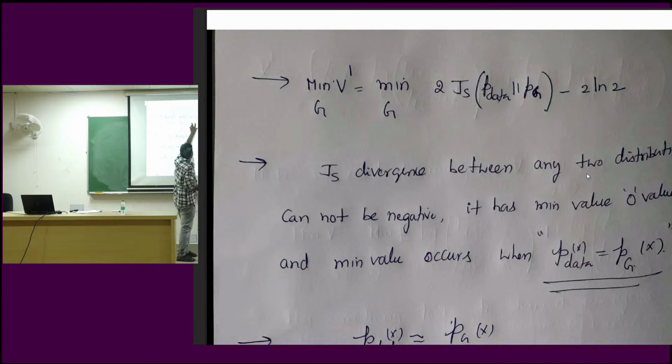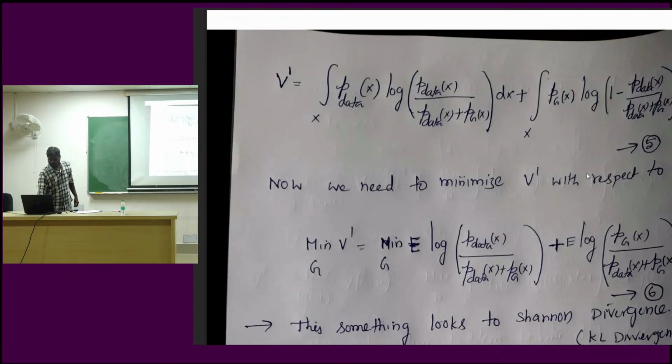What is the minimum value of this? The minimum value is 0, and this happens if the two distributions are equal. This is similar to the KL divergence. This is again from information theory, so you need to know a little bit about information theory to understand this.